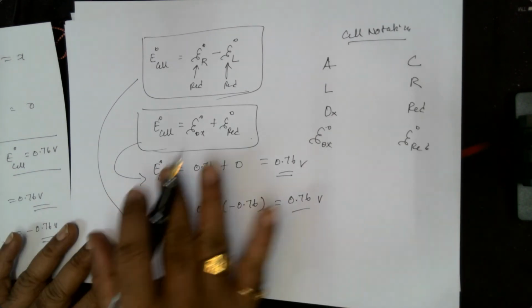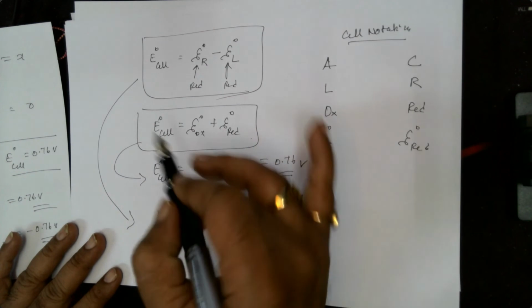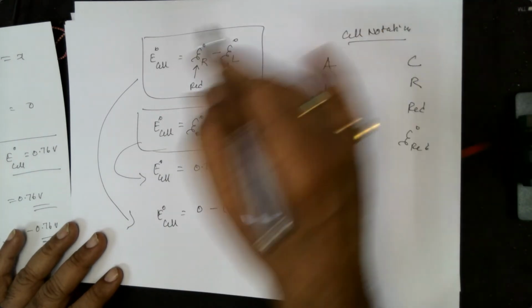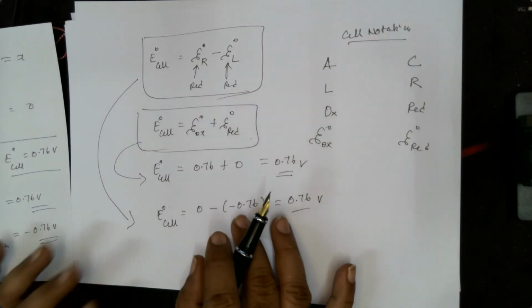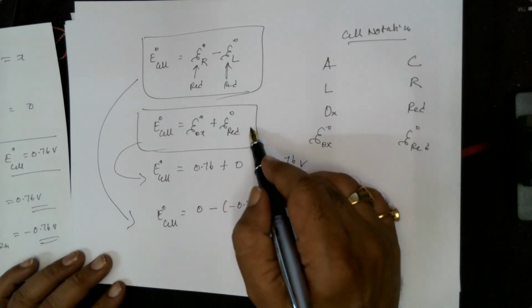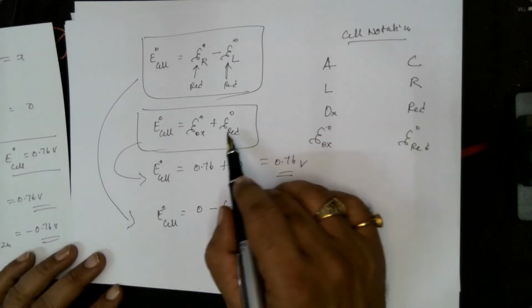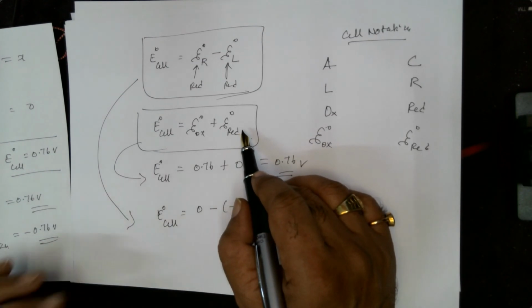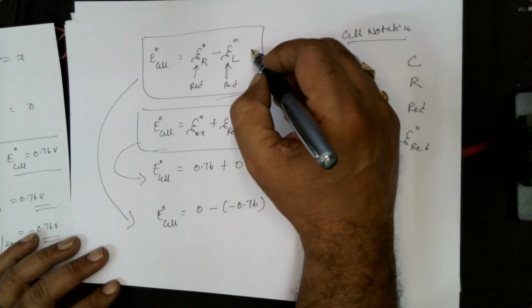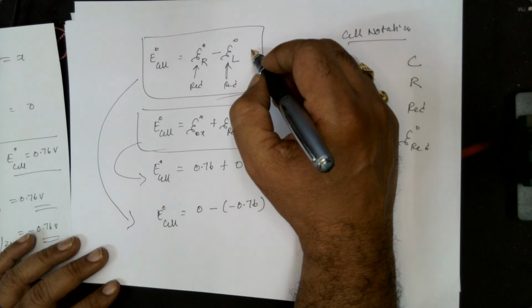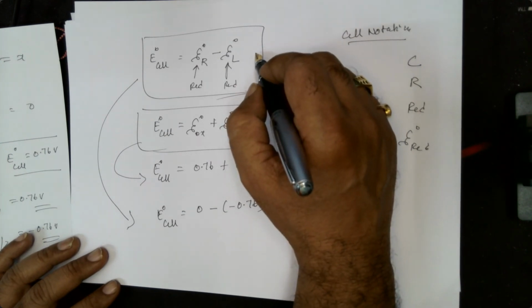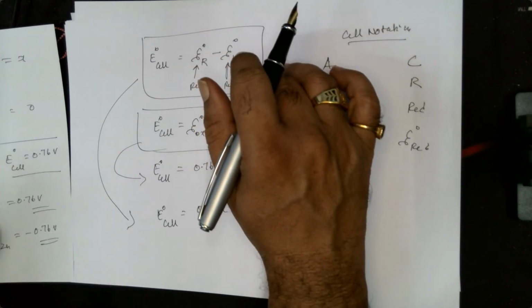In certain books they follow one method, in certain books they follow the other. In my opinion, as far as reactions are concerned, you can add just like that, but you have to be very clever in reproducing the value. But when you calculate from the cell notation, you can follow this simple procedure.